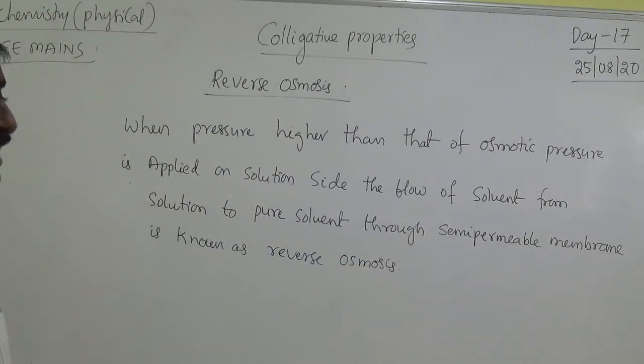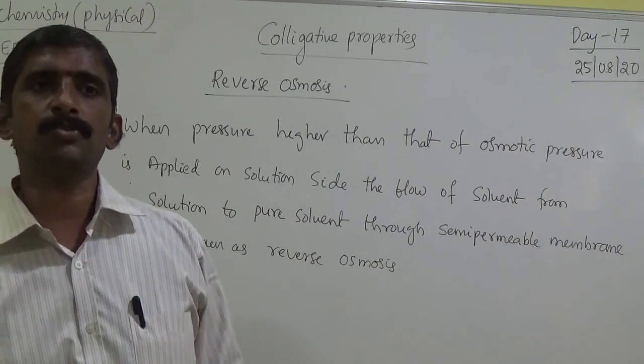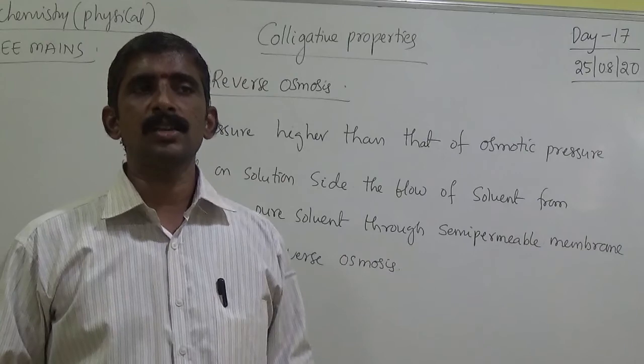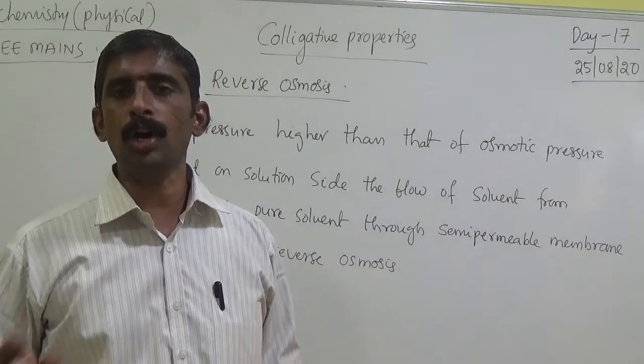When pressure higher than that of osmotic pressure is applied on the solution side, the flow of solvent from solution to pure solvent through a semi-permeable membrane is known as reverse osmosis. Generally, osmosis means passage of solvent molecules from pure solvent to solution.